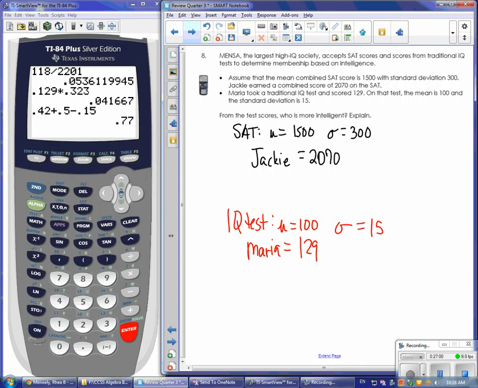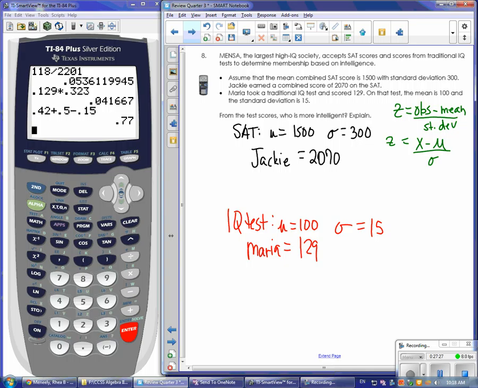So what we do here is we standardize the scores and we calculate what is called the z-score. And the z-score is just equal to whatever the value is, so whatever our observation is, minus the mean over the standard deviation. And in symbols, a lot of times that looks like x minus mu over sigma. And so what we want to do is find the z-score for each of these ladies.